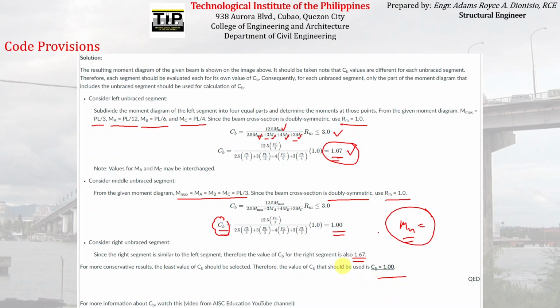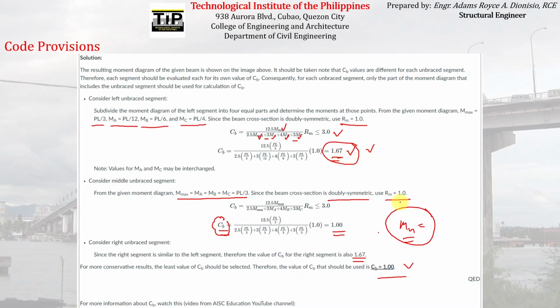That's the value of Cb that we have to use in order to have a conservative nominal capacity, meaning if we use 1 as our Cb, we have a lesser nominal moment capacity than if we use 1.67.